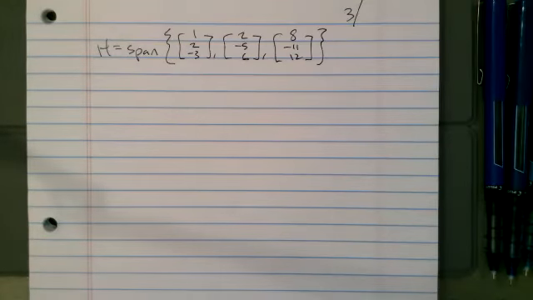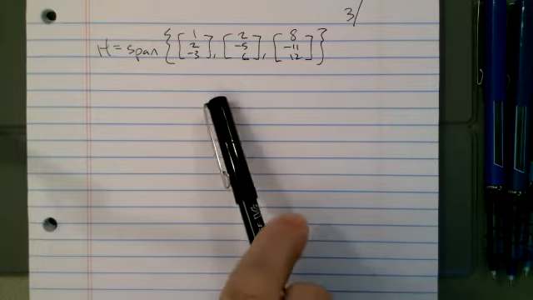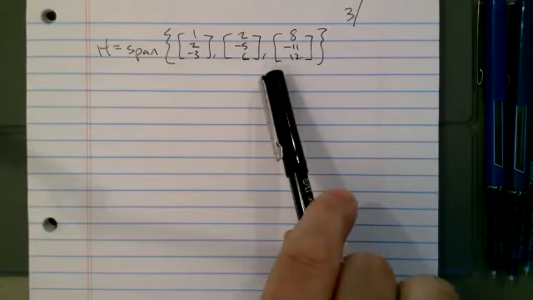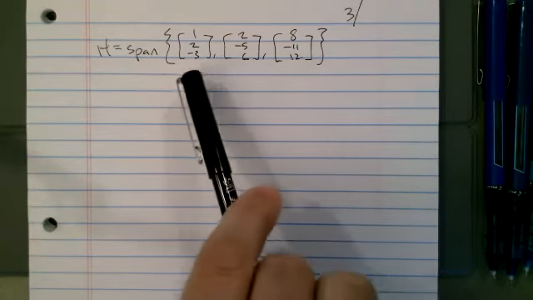H is still this subspace that we're looking at. And this is not a basis because this third vector we don't need. The standard thing to do would be to pick the ones that correspond to the pivot columns. We can pick any two from this set, but just pick V1 and V2.